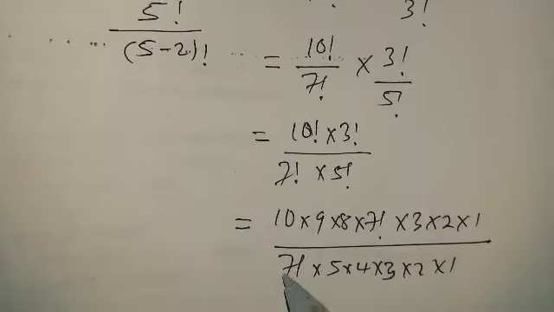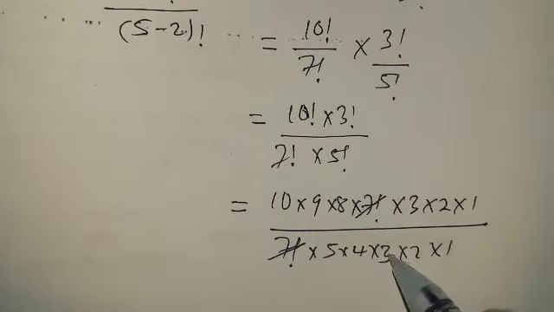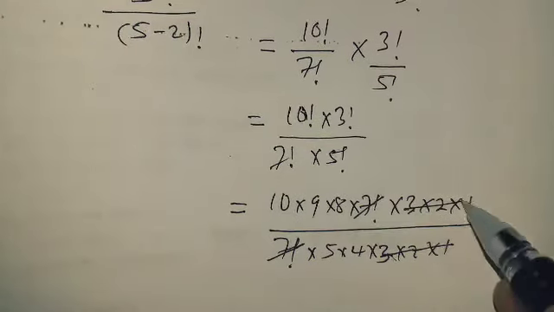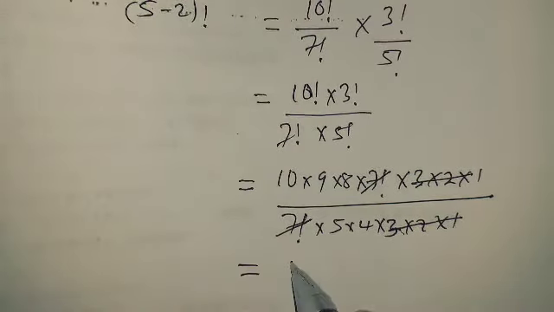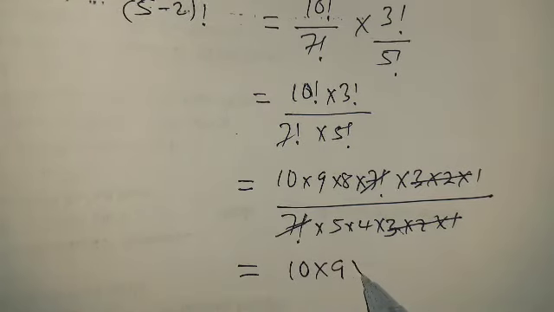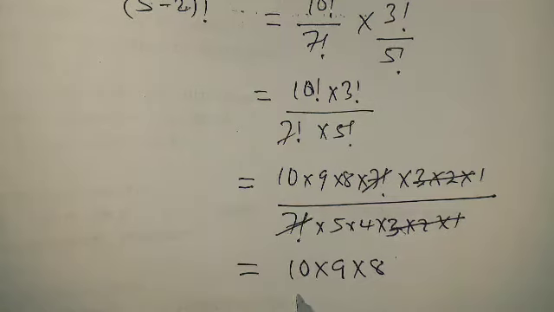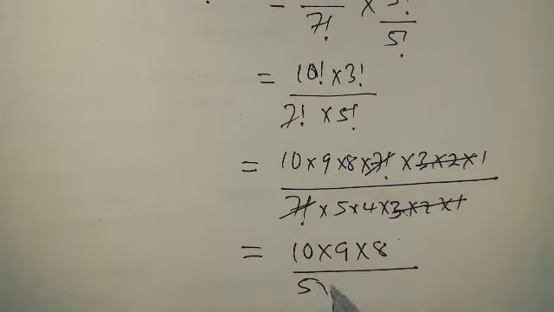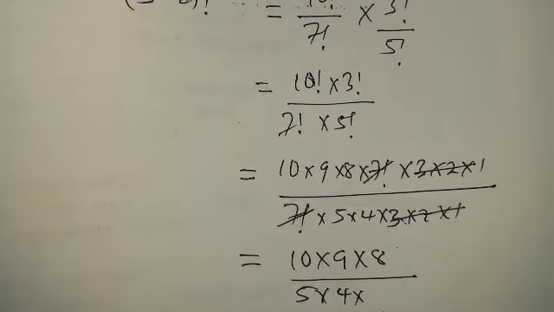From here, 7 factorial cancels 7 factorial. From here to here, they are all going. So now we have 10 times 9 times 8 all divided by 5 times 4 times 3.